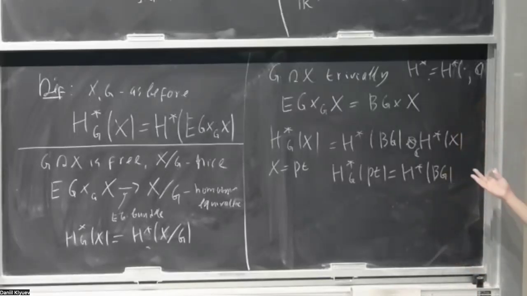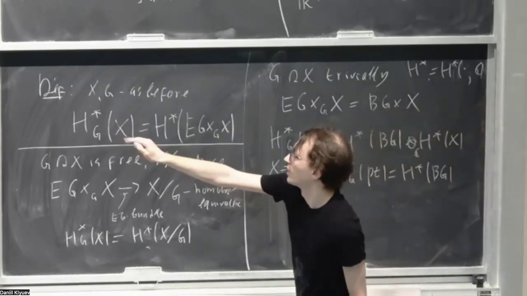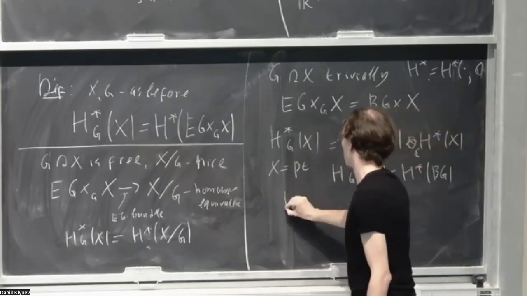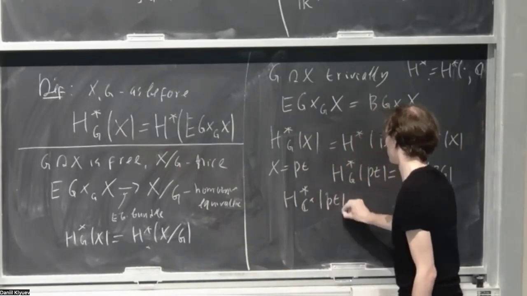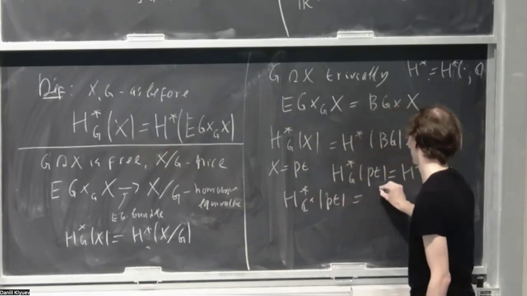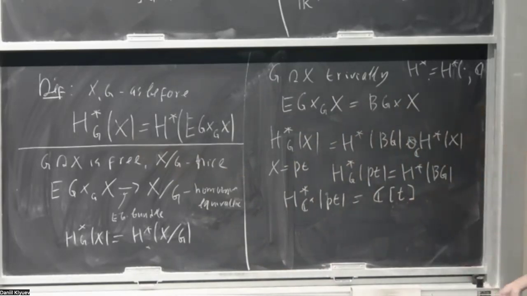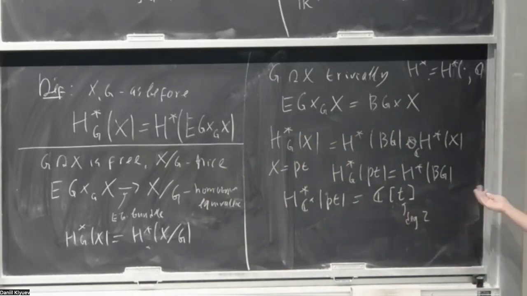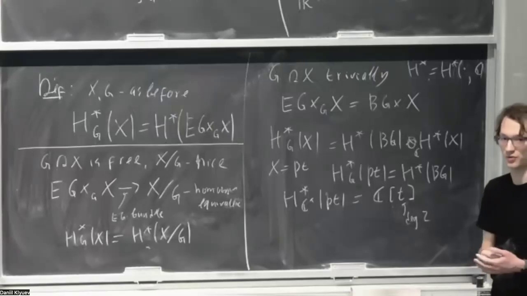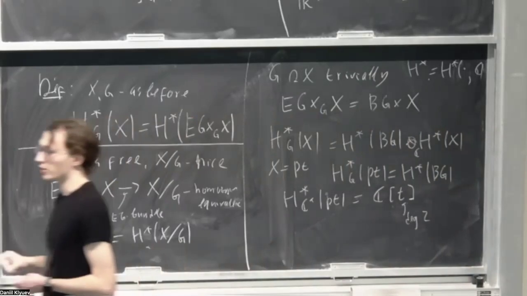It can be large. So as you see from this example, the equivariant cohomology of a point is just a polynomial ring in one variable of degree 2. So it's large. It's not just C, it's something else. Any questions?